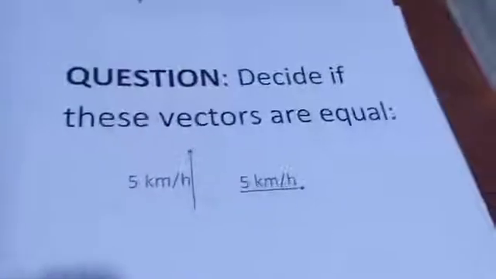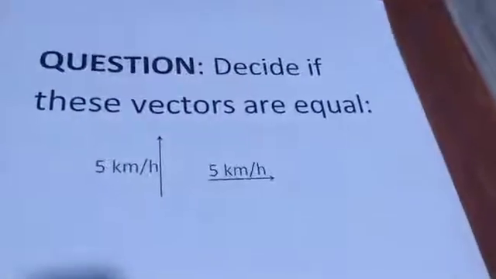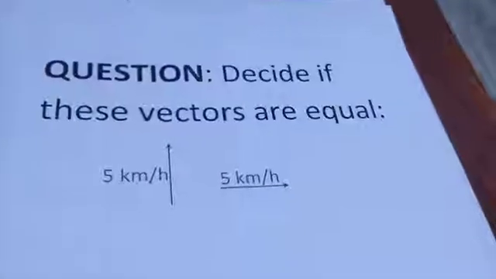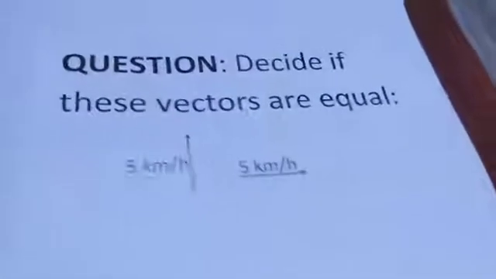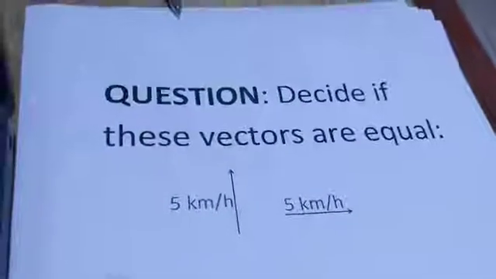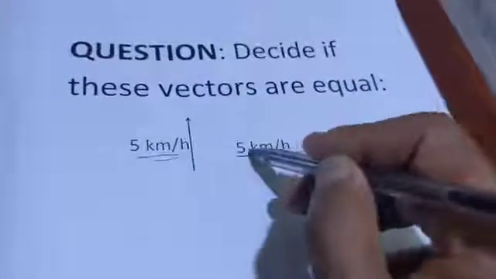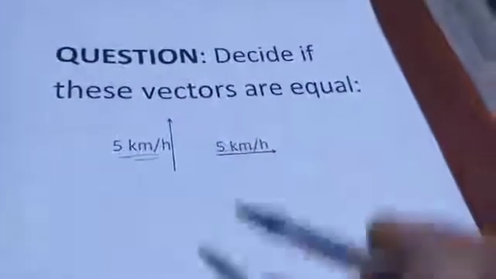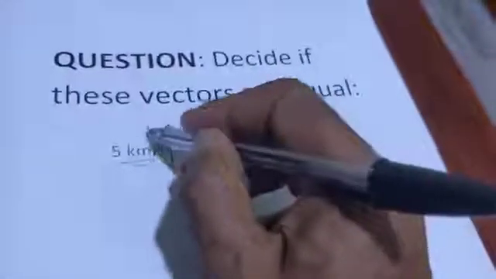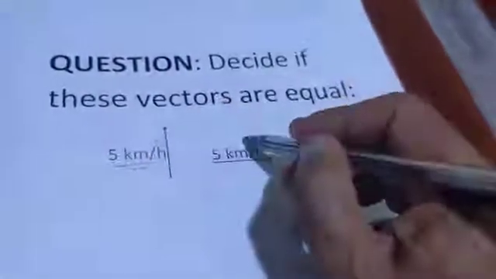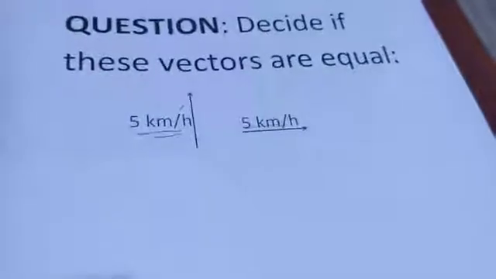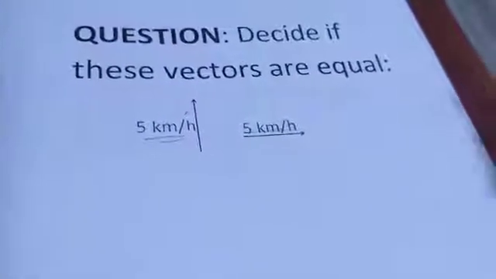Decide if these vectors are equal. Now you can see here, when we say two vectors are equal, we are not saying that only the magnitude is the same. They have the same magnitude, and the same physical quantity, which means the unit of velocity. This is also velocity, which is true. The thing that we have left is the direction.